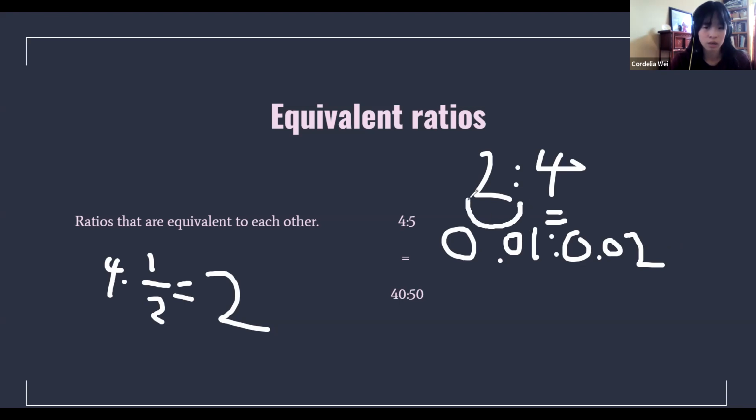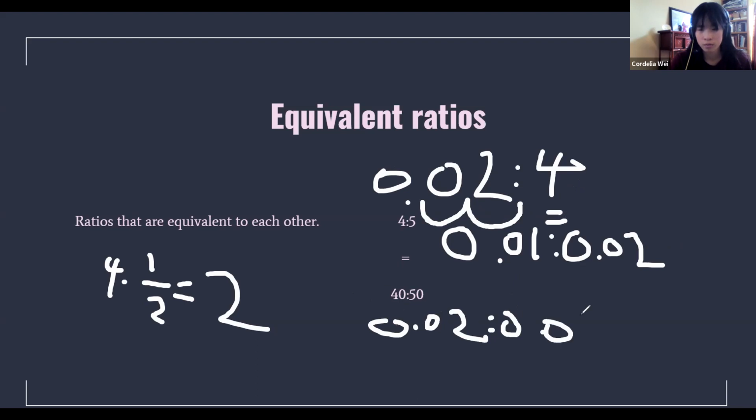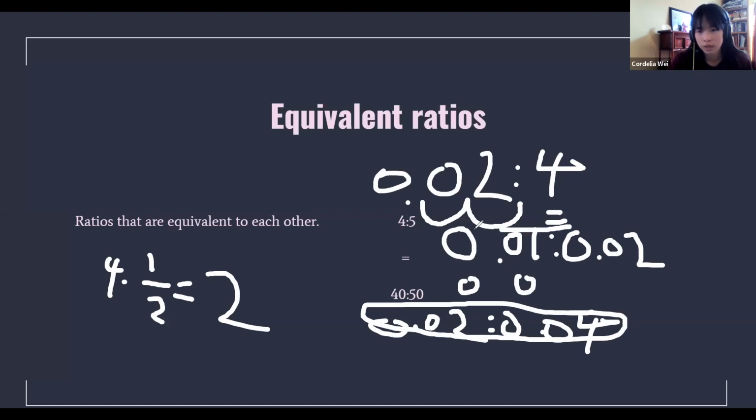We're going to move the decimal point 1 space, and then 2 spaces, which would be 2 divided by 100, which would equal 0.02, and then you get 0.04. So then you can see that 0.02 divided by 2 would equal 0.01. So you divide this by 2, and then you would get this ratio. So actually, they are equivalent.